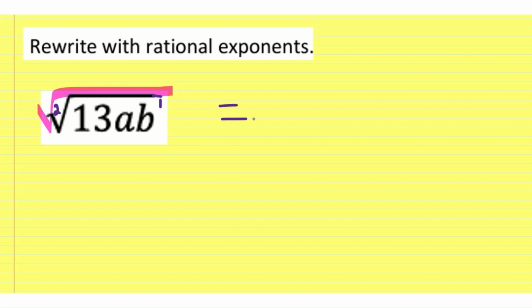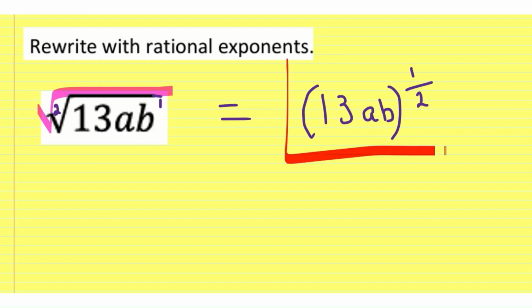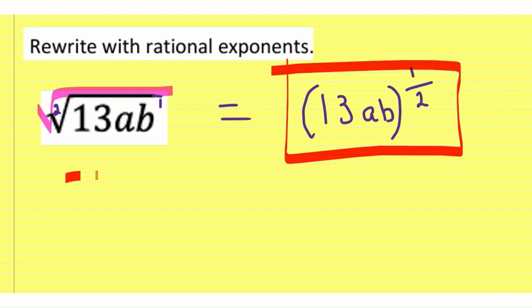So that means I can change this into 13AB, because all of it's under the radical. So that means that it's all stuck together. And I can raise it to the power of 1 over the root of 2. And that's all you'd have to do. That's the answer. If we want to convert it from the radical form to a form where it has a rational exponent, that's it. It's pretty simple, right?